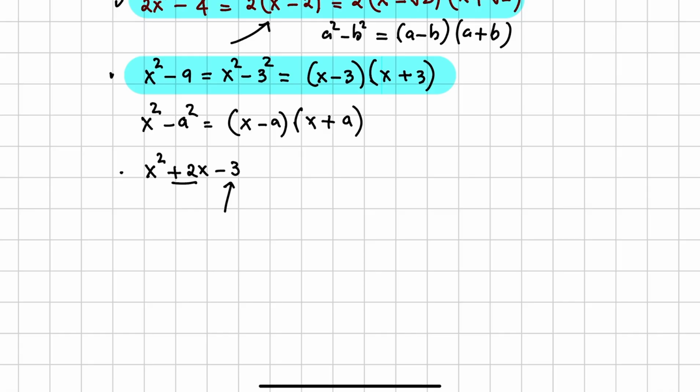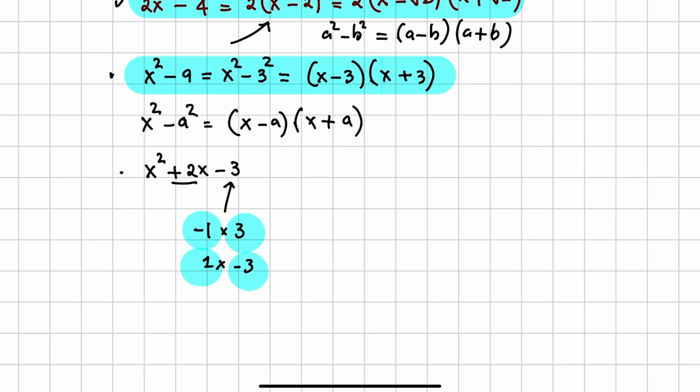I can use minus 1 times 3, and 1 times minus 3. So there are two pairs, which are minus 1 and 3, and 1 and minus 3. Among all of them, one pair adds up to 2, which is minus 1 and 3.